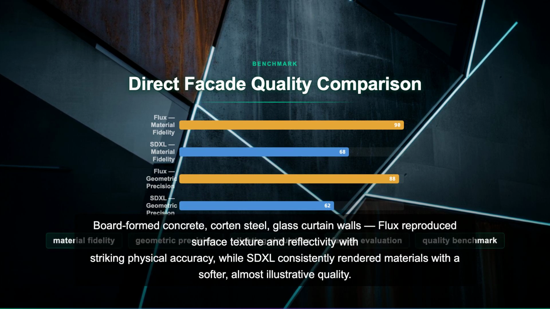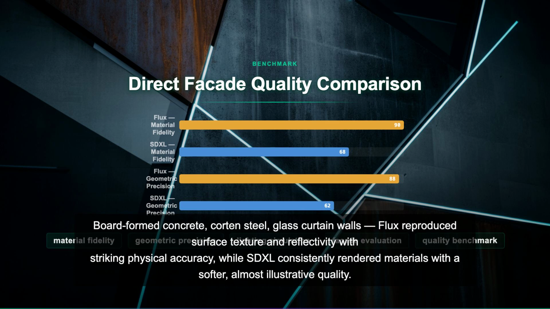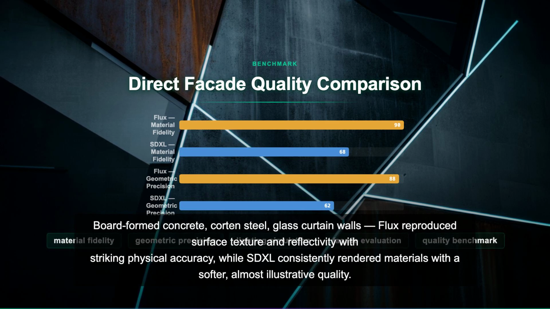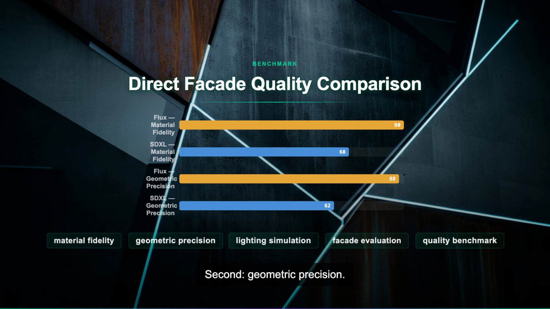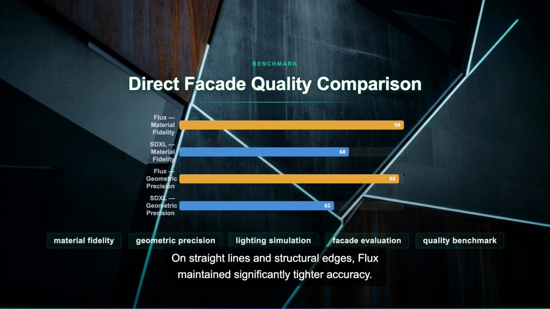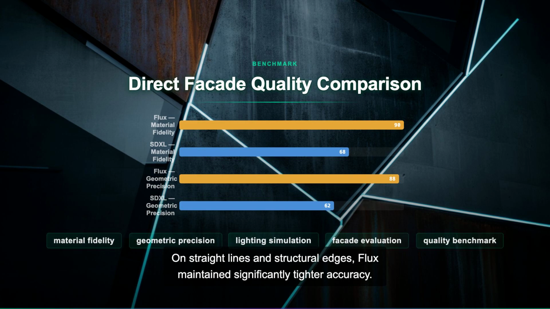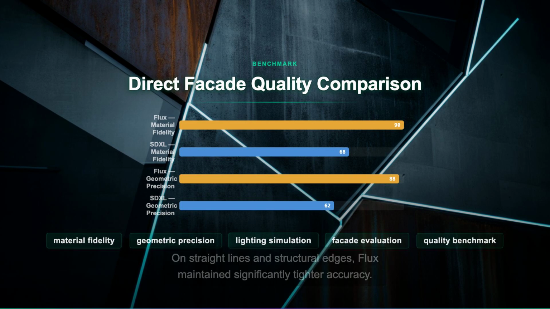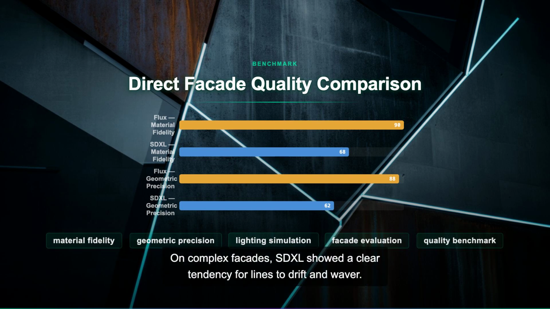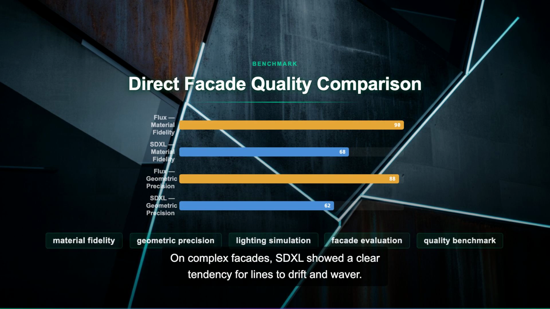Flux reproduced surface texture and reflectivity with striking physical accuracy, while SDXL consistently rendered materials with a softer, almost illustrative quality. Second, geometric precision. On straight lines and structural edges, Flux maintained significantly tighter accuracy. On complex facades, SDXL showed a clear tendency for lines to drift and waver.